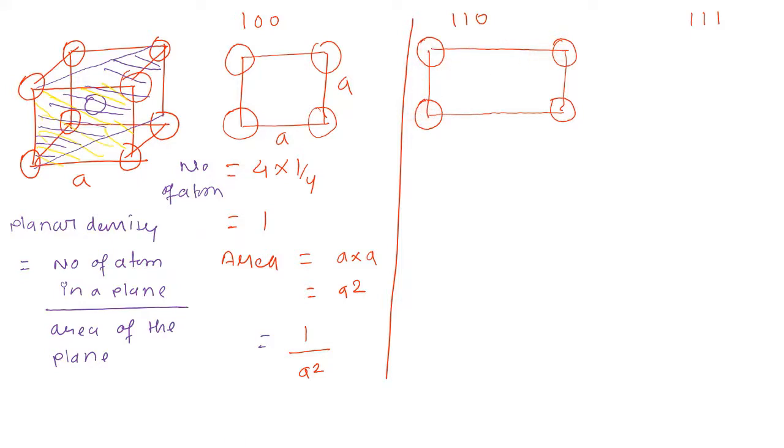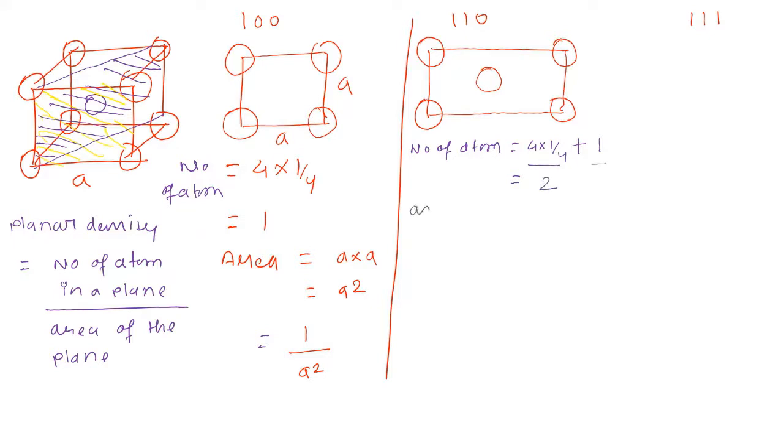Coming again, there is one more atom at the center. Firstly we will calculate the number of atoms. Each corner atom contributes 1/4, and we have 4 such atoms, plus one body centered atom which completely belongs to the 110 plane. So the total number of atoms is 1 plus 1, which is 2.